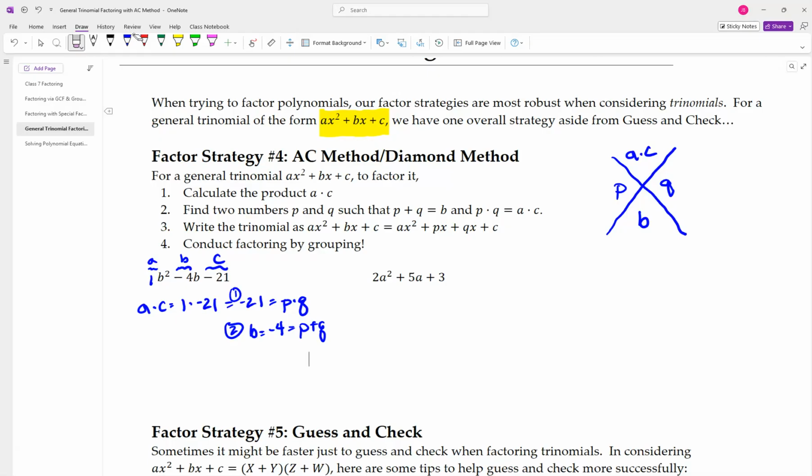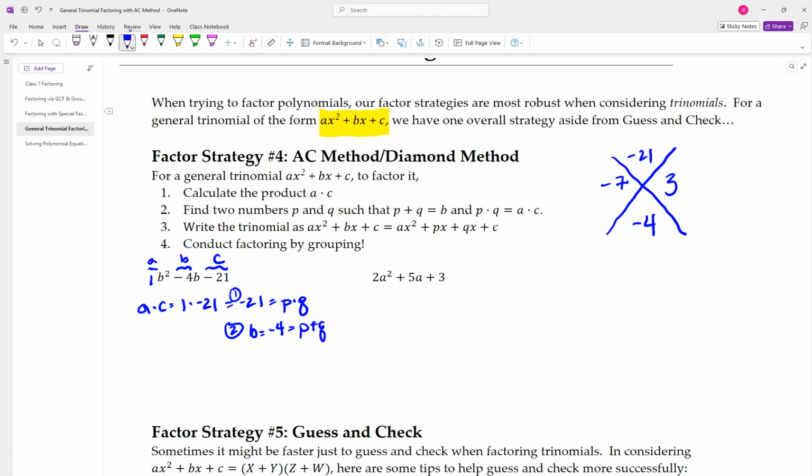And so now this is where I kind of have to scratch my head and think, what are these things? And this is where this cross method might help. So we know this is minus 21, this is negative 4. And so I'm thinking of two numbers that add to negative 4, but multiply to minus 21. And I think those might be negative 7 and positive 3. So if I multiply those, I get negative 21. If I add those, I get minus 4.